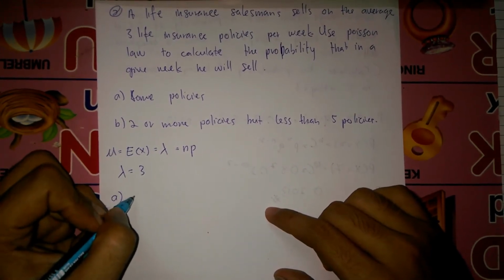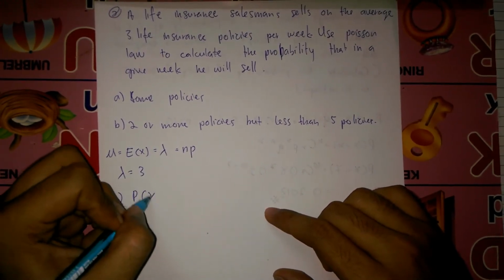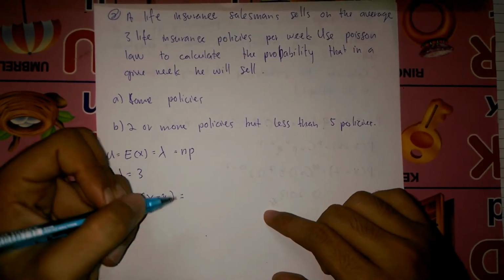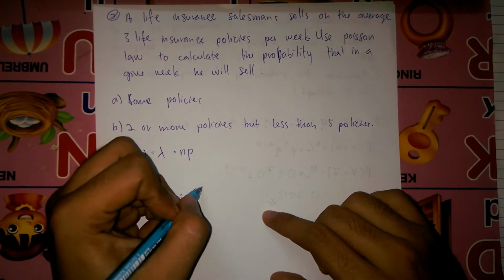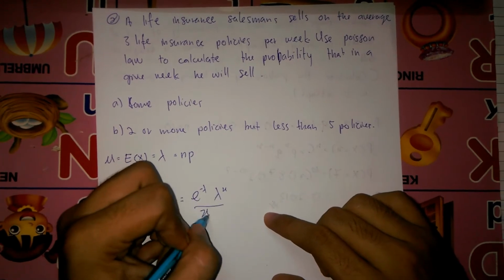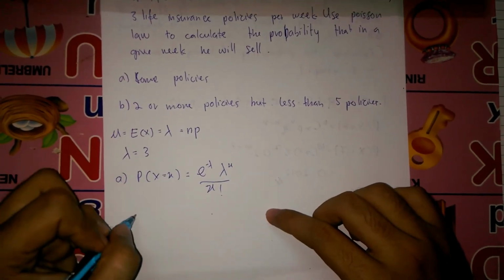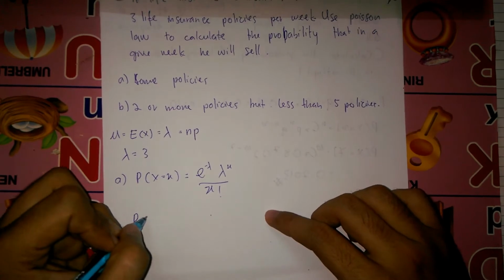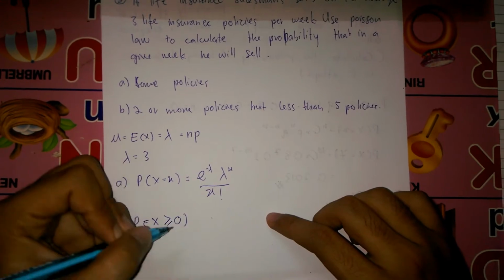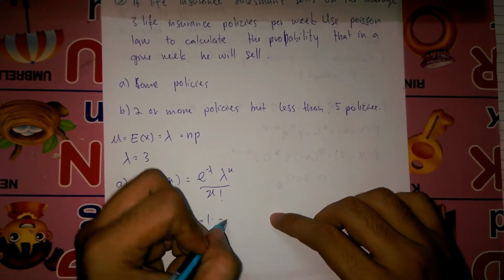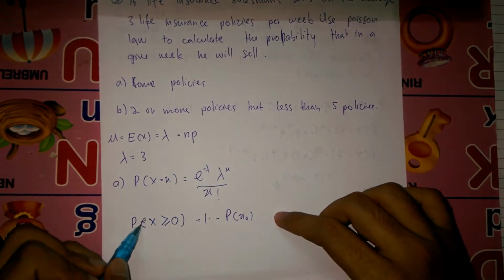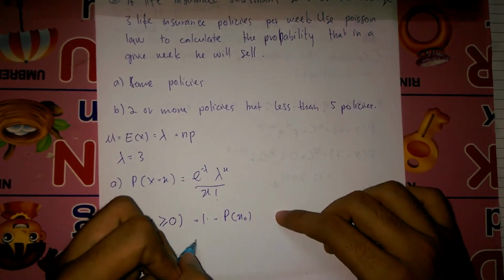So we use the formula P of x equals e to the power negative lambda times lambda to the power x over x factorial. P of x more than 0 equals 1 minus P of x equals 0.